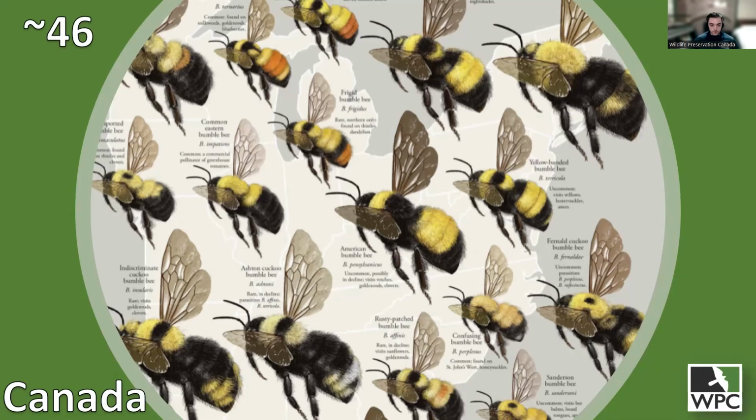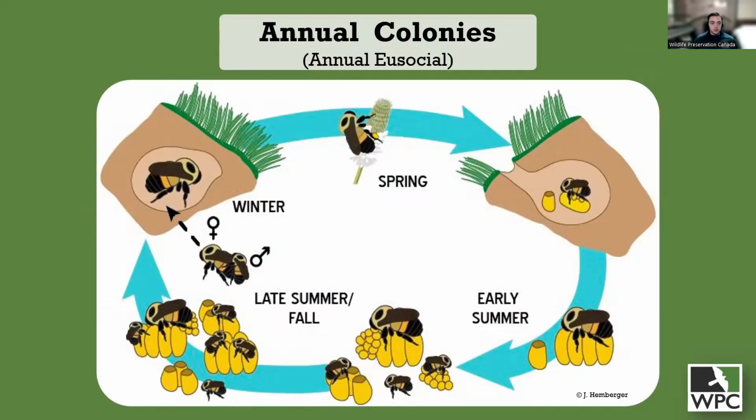But despite all these differences between different bumblebees, they all have a lot of similar shared traits, especially with regards to their life cycle. So bumblebees follow an annual colony cycle, and we call it an annual colony cycle because the queens live for about a year. So I'll go through their entire colony cycle with you all right now, and I'll start in the spring.